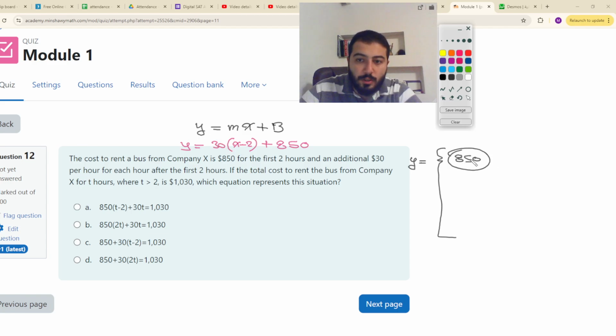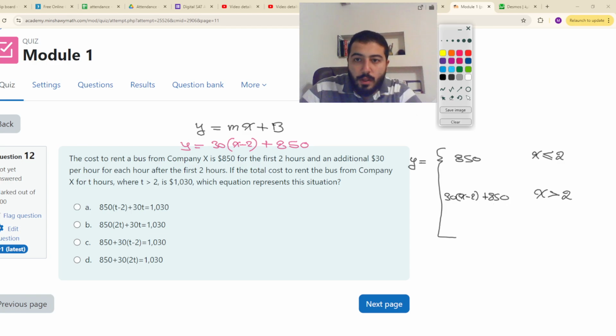He will pay the 850, all of them. So if x is less than or equal to 2 hours, this is the value. But if x is more than, not or equal, only more than 2 hours, we will use this equation, which is 30 times x minus 2 plus 850.